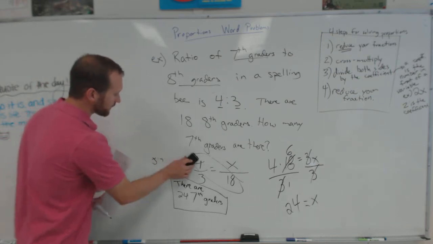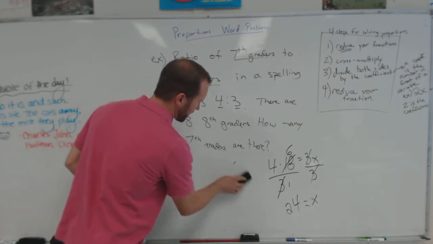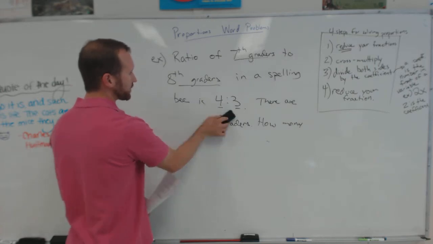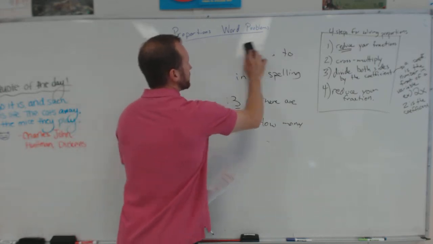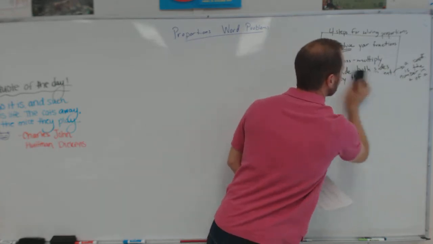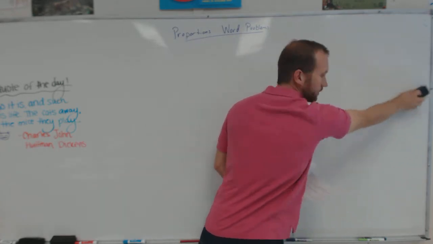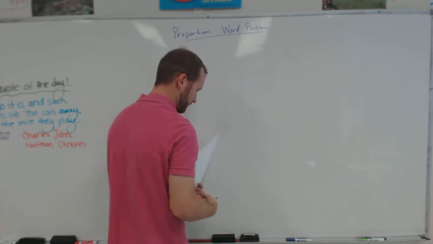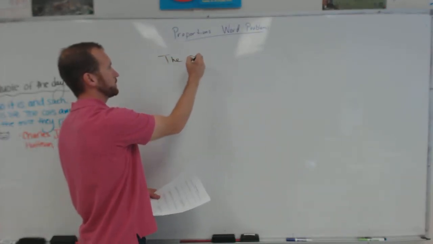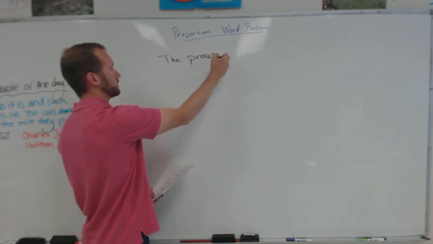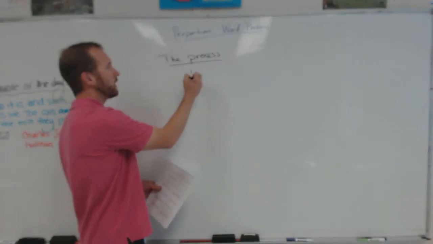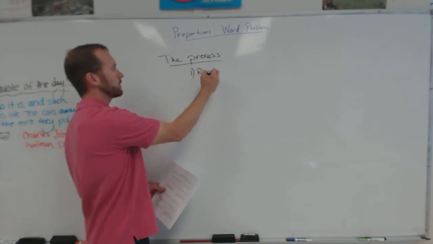So I'm going to write down my steps, what I do when I see a word problem like this. So the process. Step 1 is to read the problem.